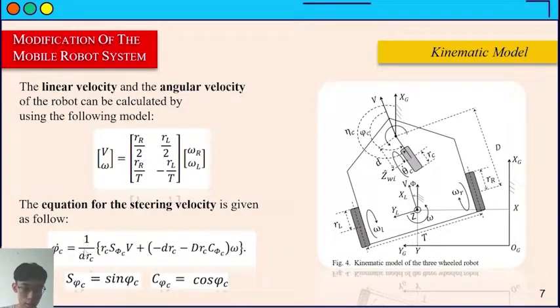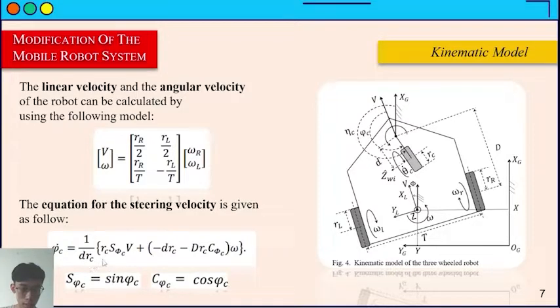Equation 2 is the differential equation. This is the equation for the steering velocity. So what does it mean? You can see S phi c equals sin phi c, and C phi c equals cos phi c.